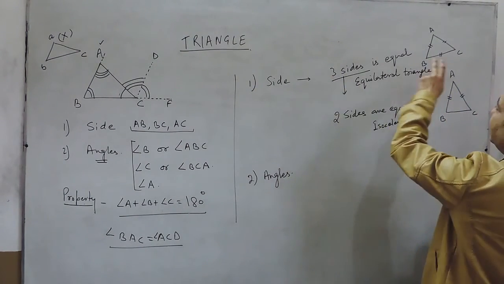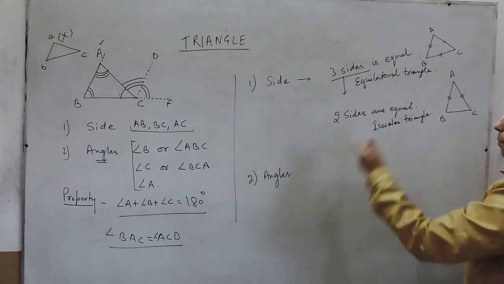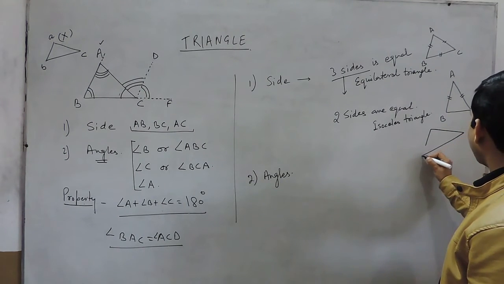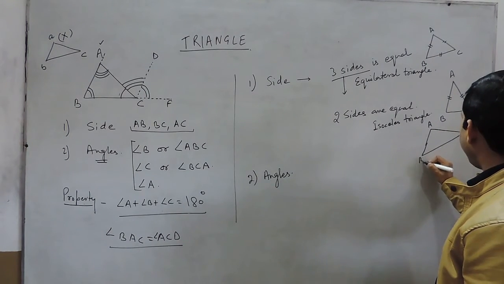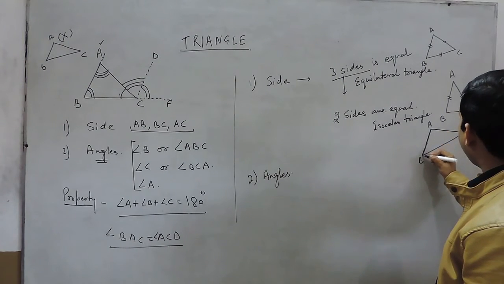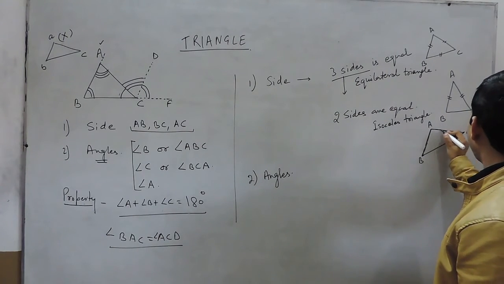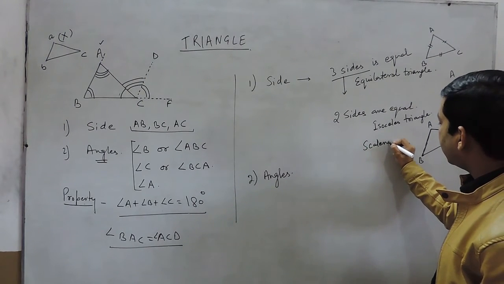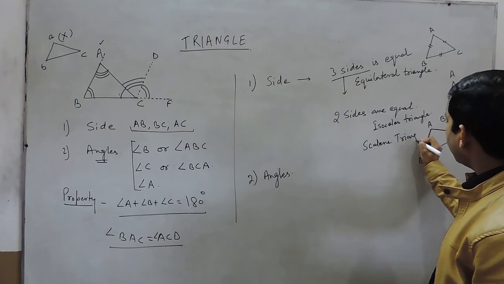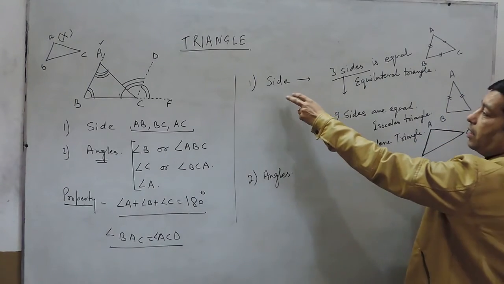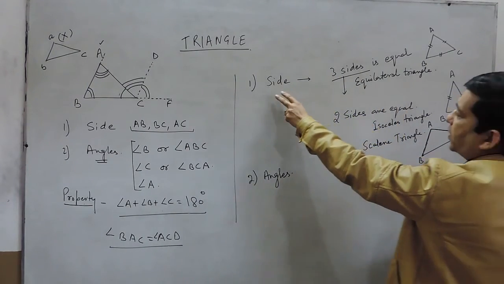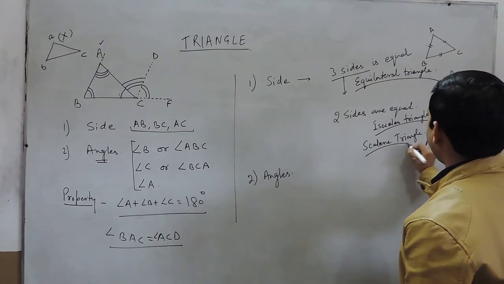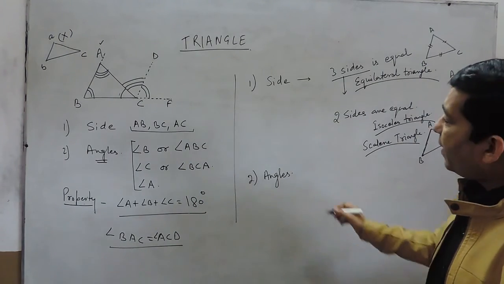Now, if none of the sides are of equal length, all 3 lengths are different, AB is different from BC and BC is different from AC, then this is known as a scalene triangle. So when we define triangles on the basis of sides, it is either an equilateral triangle, an isosceles triangle, or a scalene triangle.